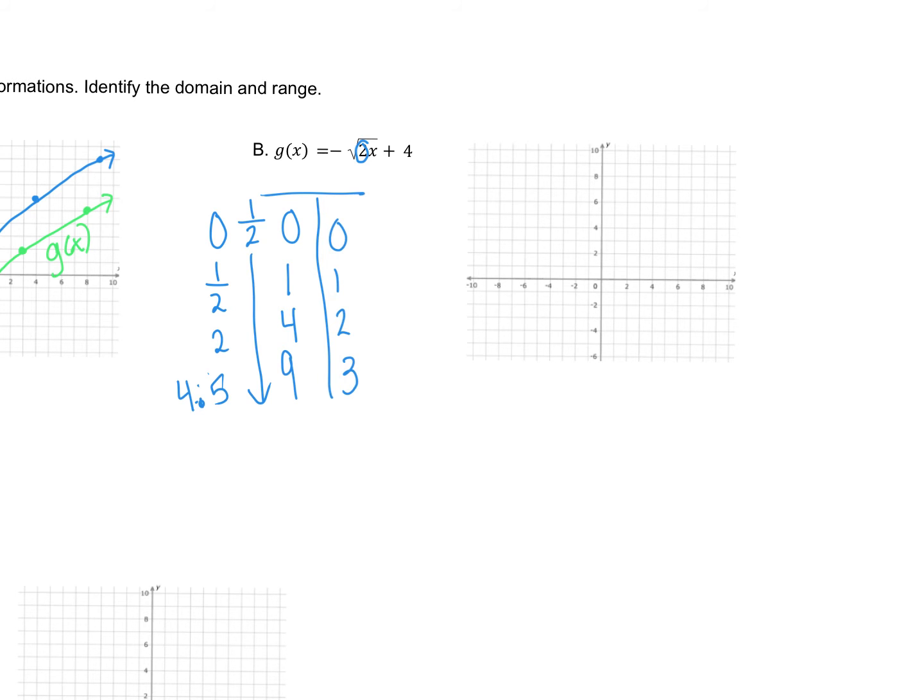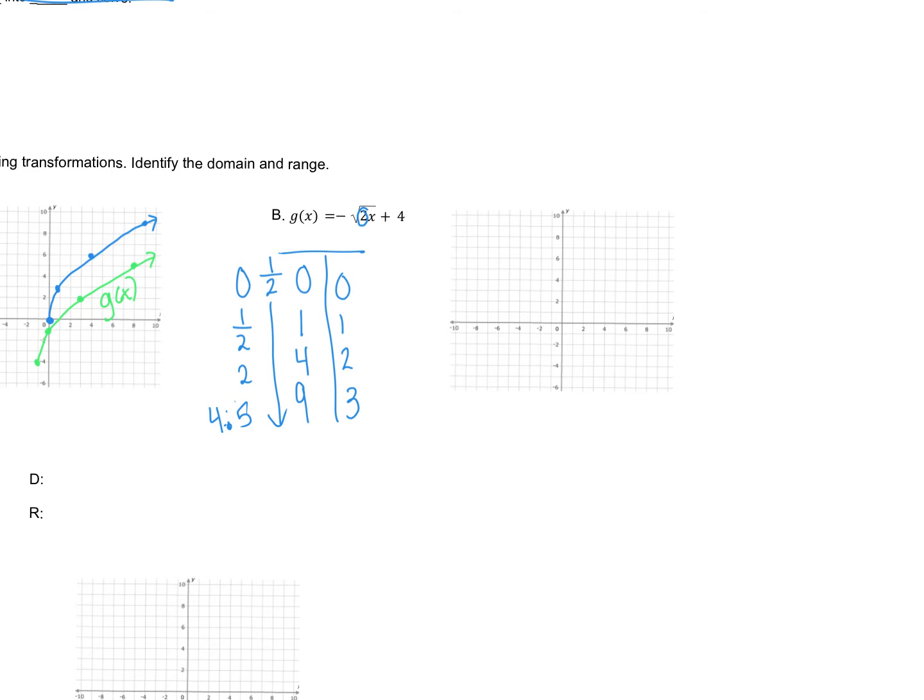All right, so now we're going to plot that as our parent, so 0, 0, 1 half, 1, 2, 2, and 4.5, 3. We are going to reflect that over the x-axis.